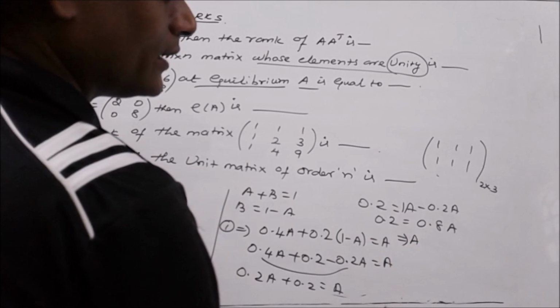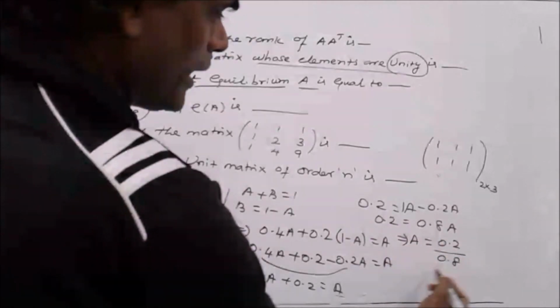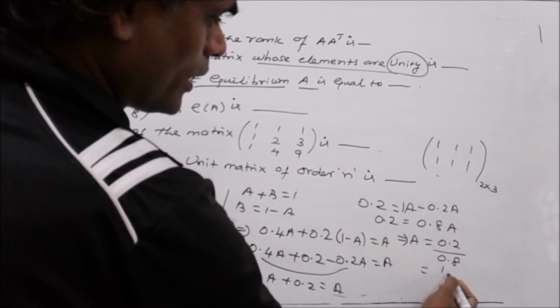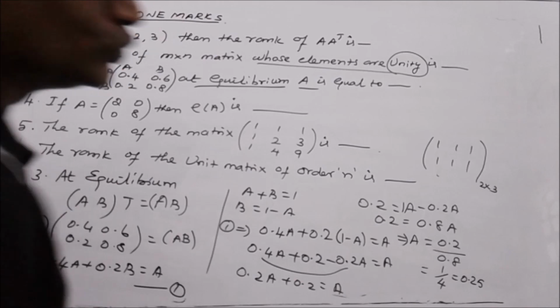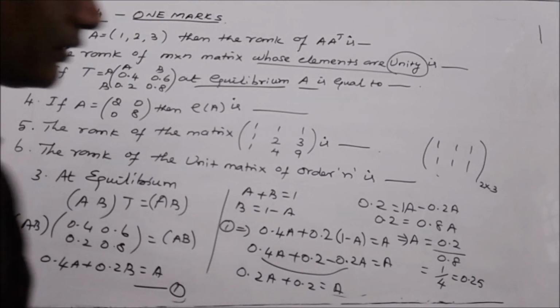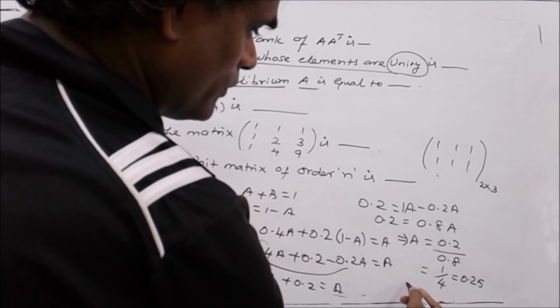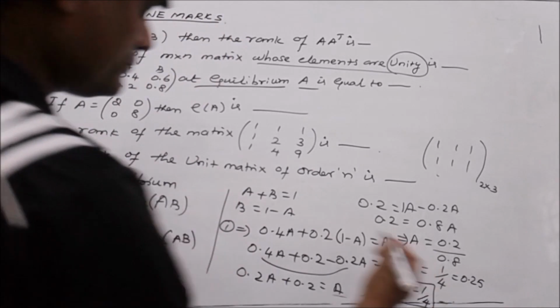Therefore, A equal to 0.2 divided by 0.8. Cancelling, we have 1 by 4, that is equal to 0.25, or 1 by 4. You can write it as in the option given, 1 by 4, so A equal to 1 by 4.